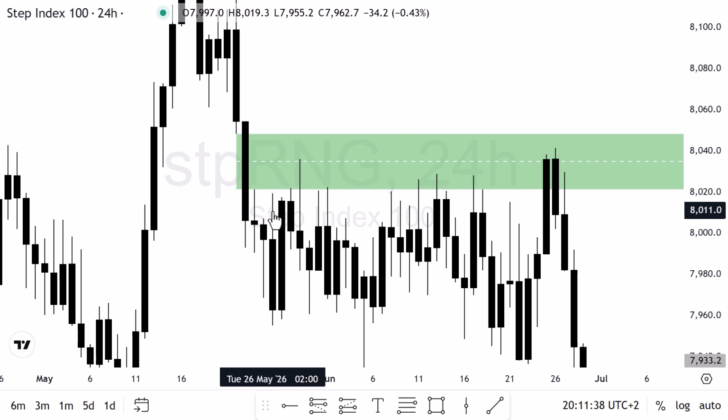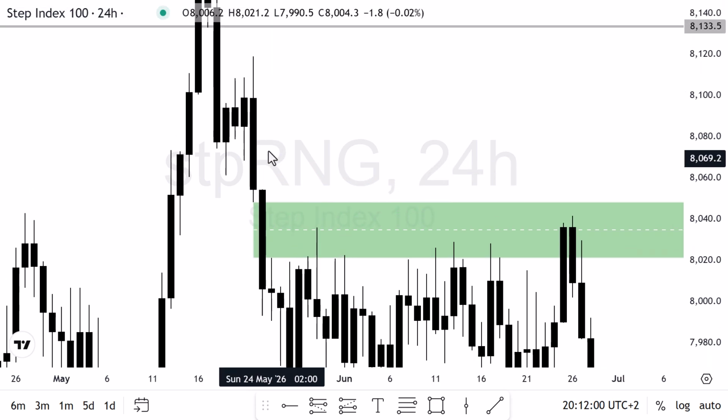So for the moment, we are just talking about this fair value gap that happened in May. And if you can see, this fair value gap has another fair value gap just above it. What is this particular fair value gap? It is a breakaway gap. A breakaway gap breaking away from what?